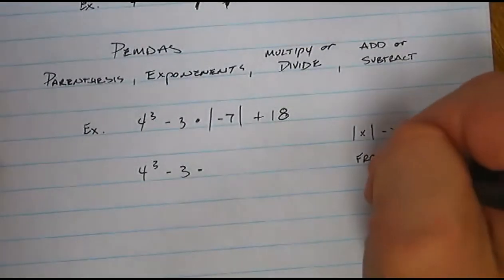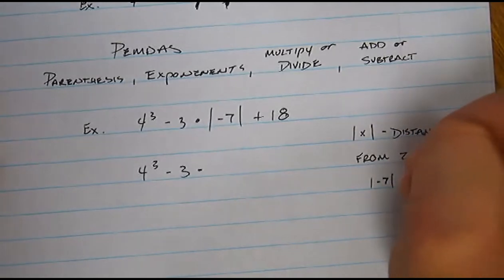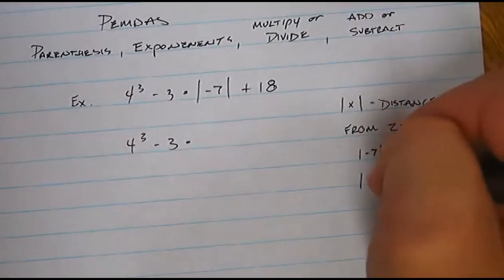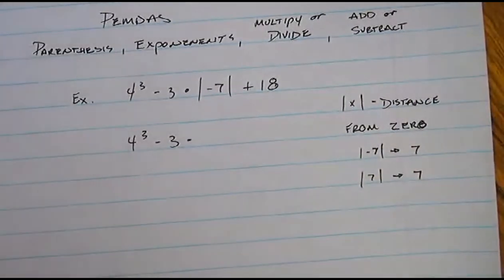So, for example, let's say negative 7. The distance of negative 7 from 0 is 7. The absolute value of 7 is 7, because the distance from 0 for each of those numbers is 7.